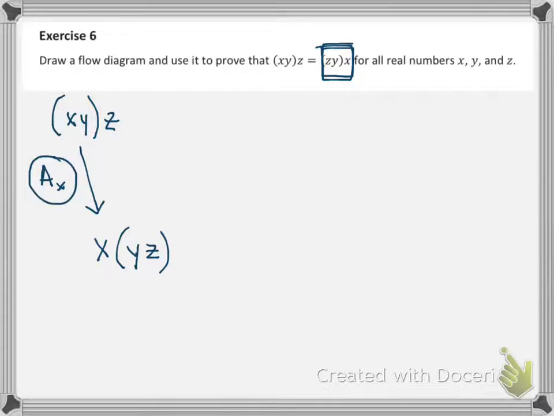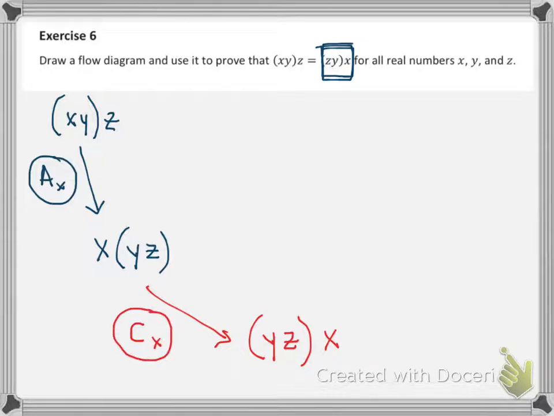And then I want the x on the other side, so I'm going to just change the order here. So it's y times z times x, and that changes the order of multiplication, which is the commutative property of multiplication. I can multiply in any order I want, I get the same answer.